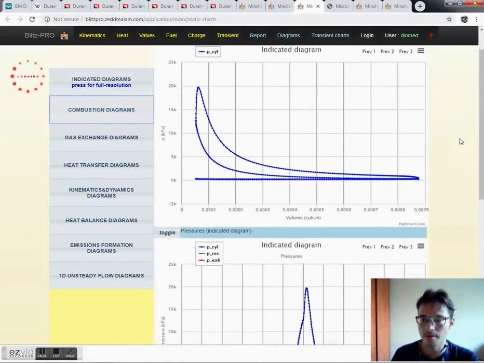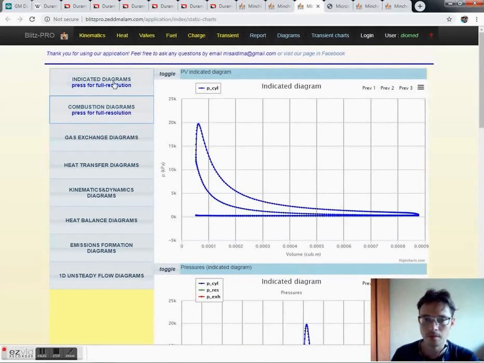Okay, so let's switch to high resolution.